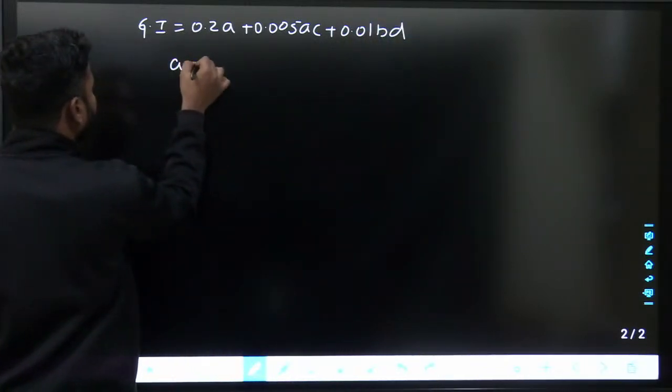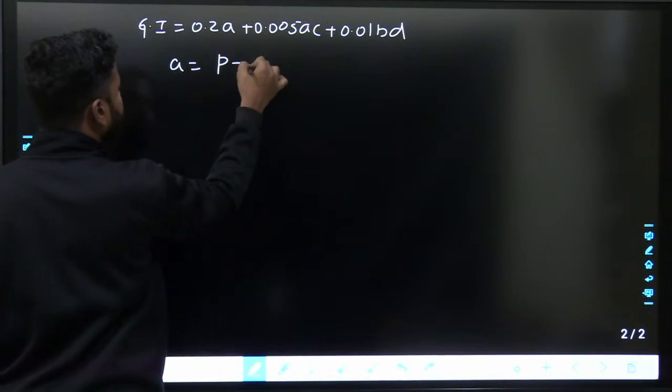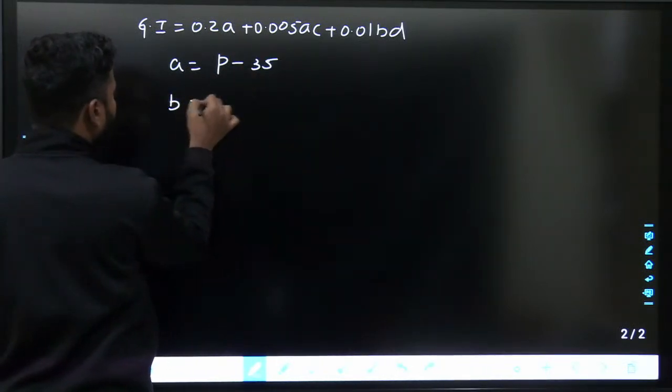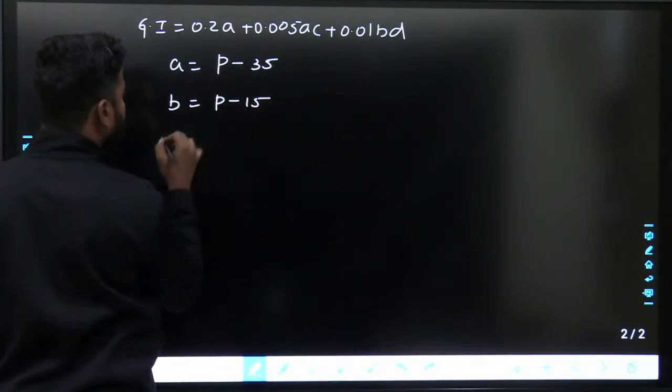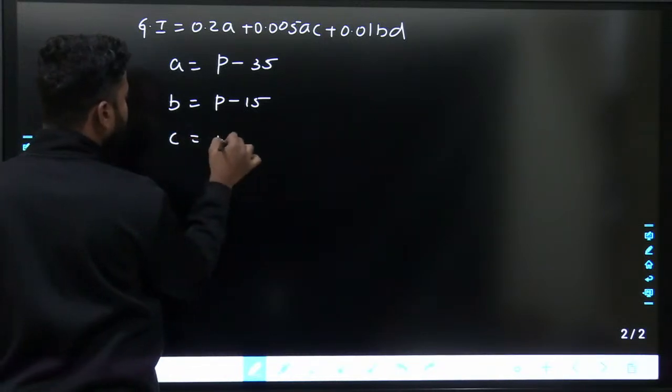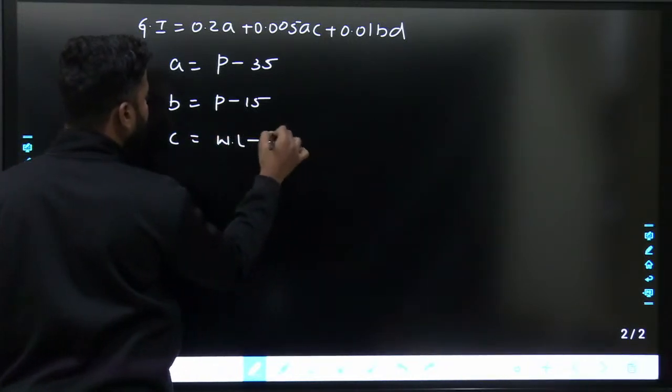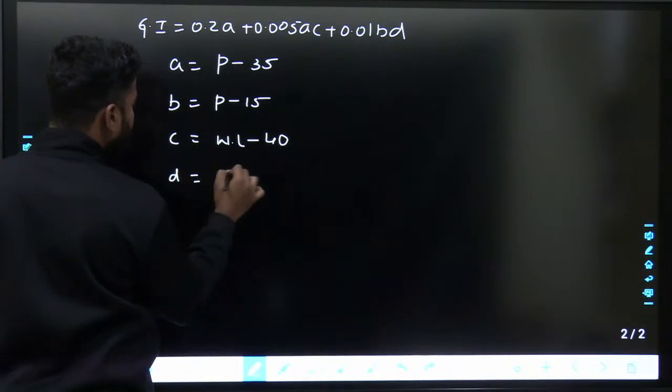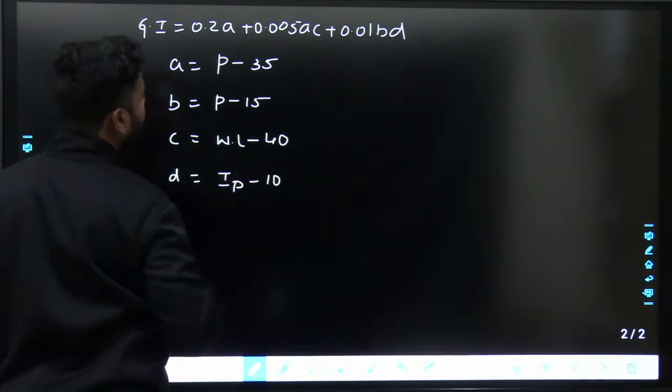A value is generally given as P minus 35, B value is given as P minus 15, C value is given as WL minus 40, and D value is given as IP minus 10.